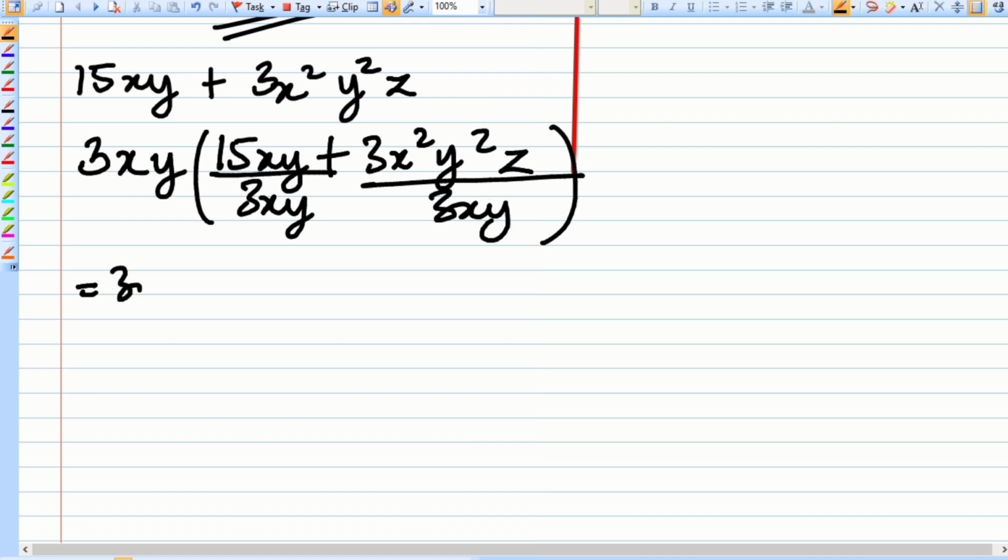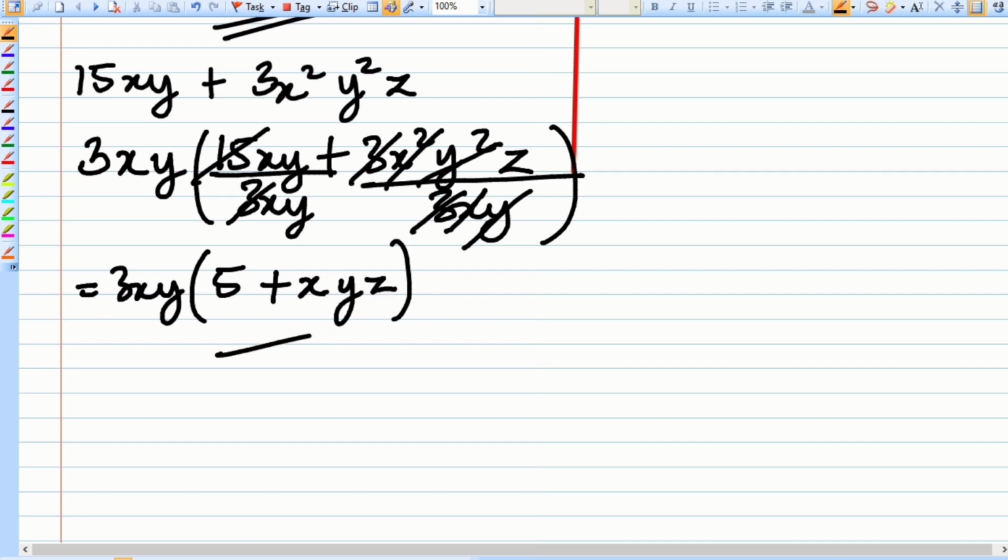So we have 3xy into 3 into 15 is what? 5. xy is going to cancel xy plus 3 can cancel 3 here. So x into x squared, because this x will cancel x squared, we have just x. y will cancel y squared. What do we have? Just y and then z. So this becomes our final answer.